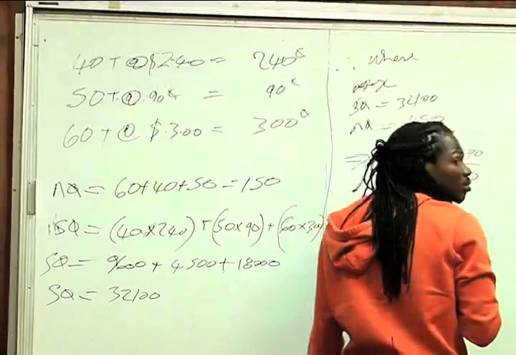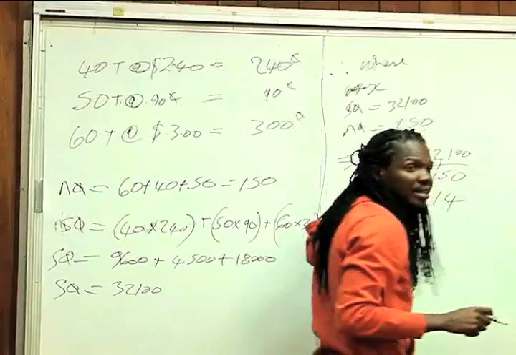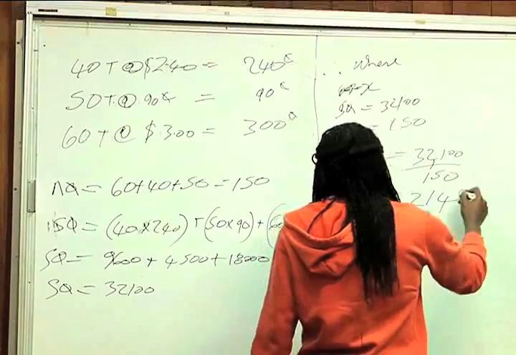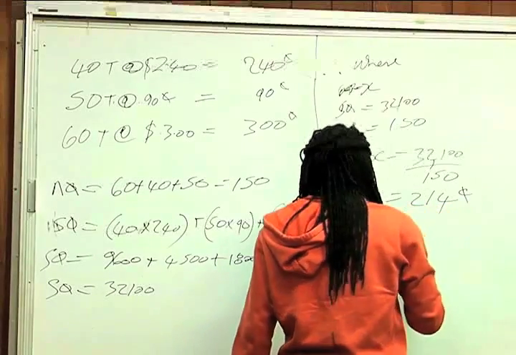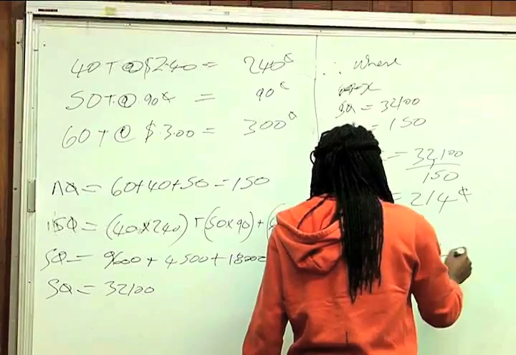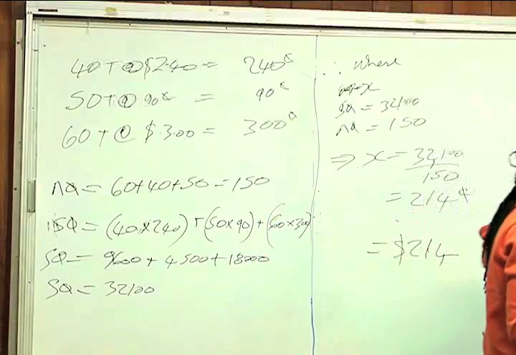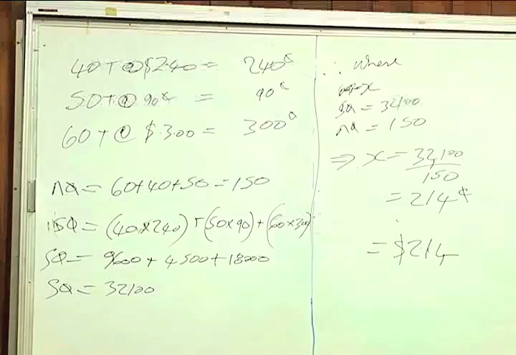We get 214. Convert that now to dollars, 214 cents. That means it's equal to $2.14. Did we get it right? Yes. You understand?